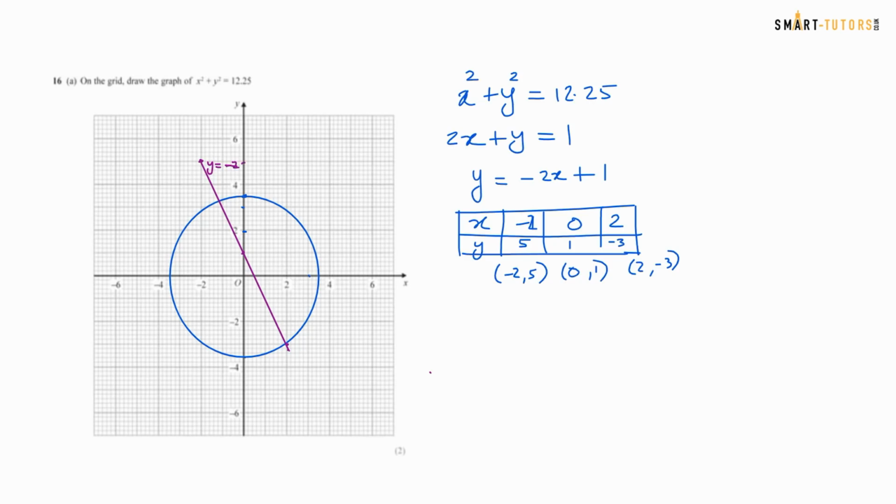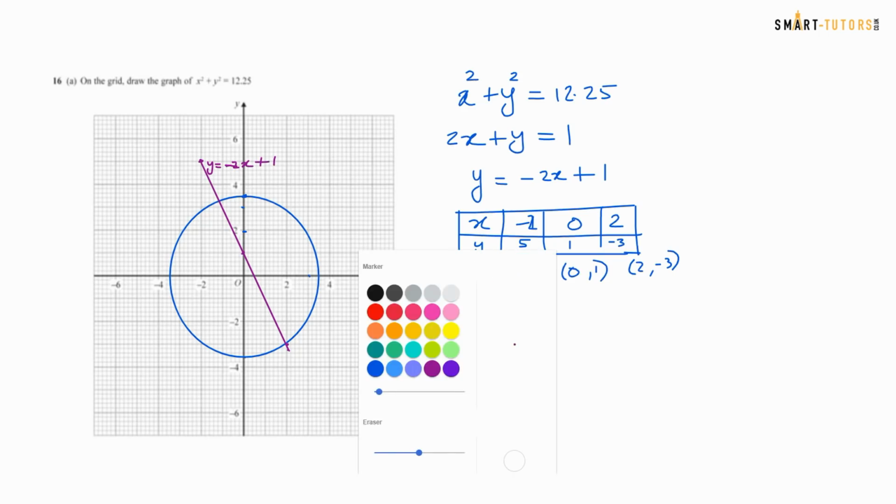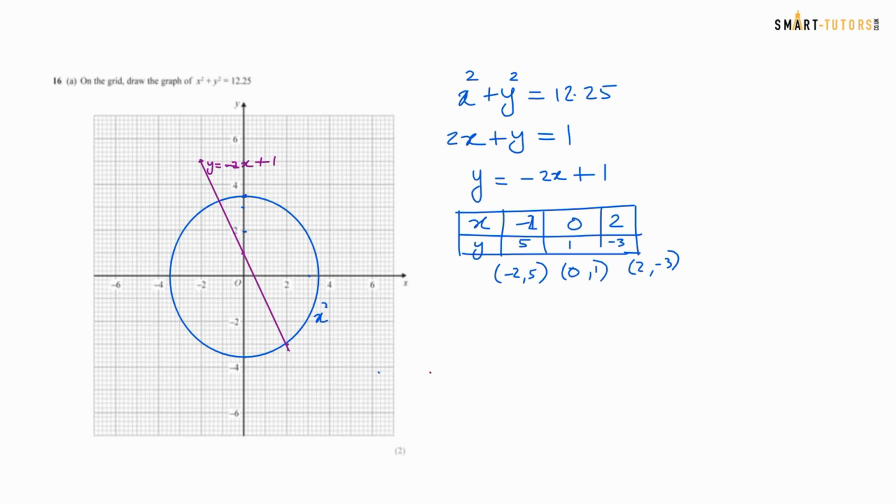I end up with this straight line. Always label the lines. This one is y equals minus 2x plus 1, and the blue one is my circle, which is x squared plus y squared equals 12.25.